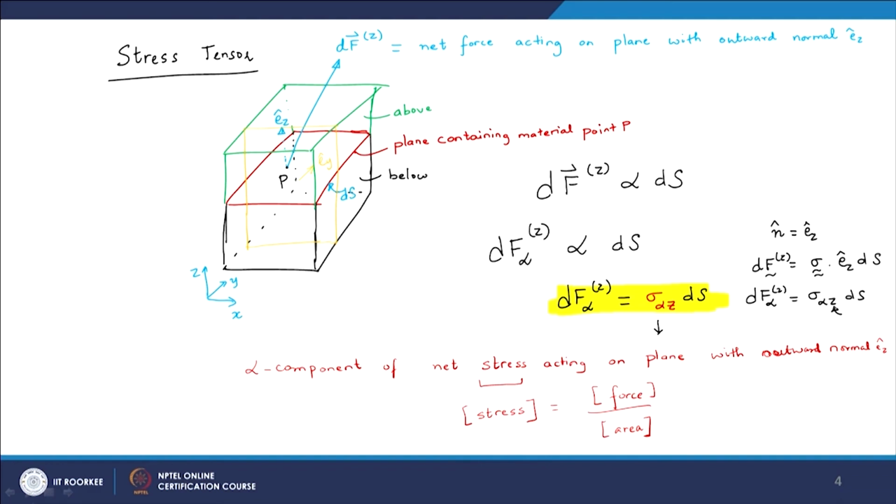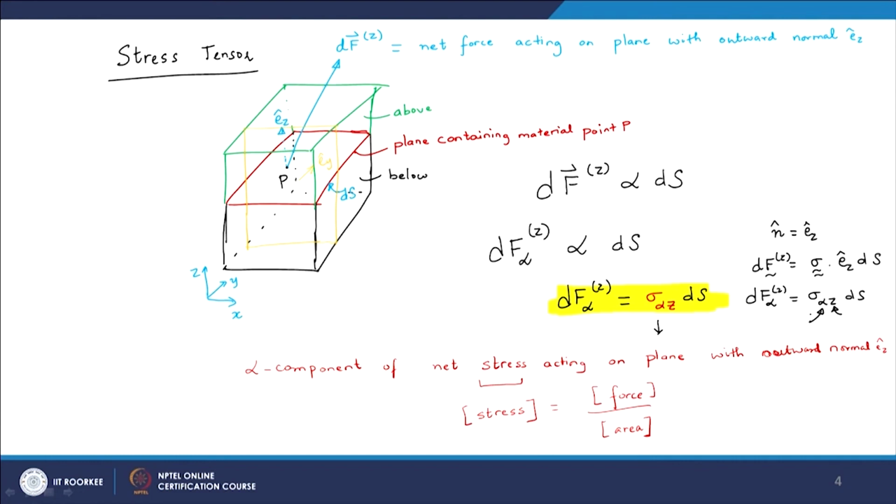So, the second term corresponds to the plane which is perpendicular to the normal that we have defined, and the first component defines the direction or the component of the force I am interested in. Okay. So, this is an intuitive way to understand it.